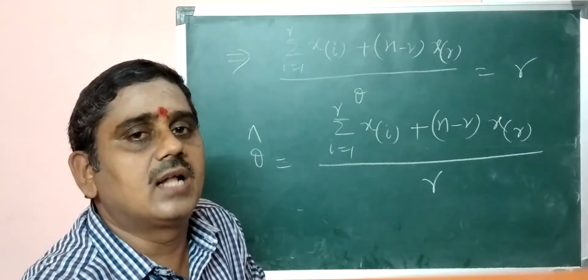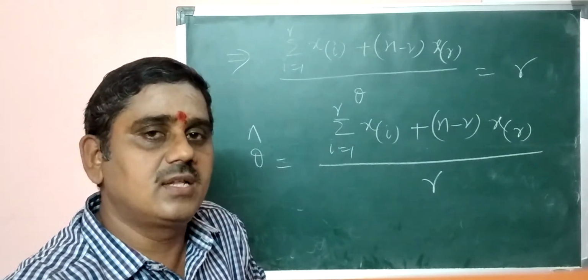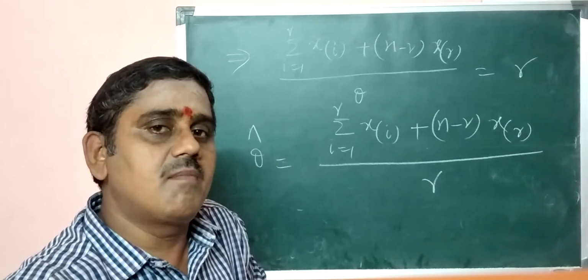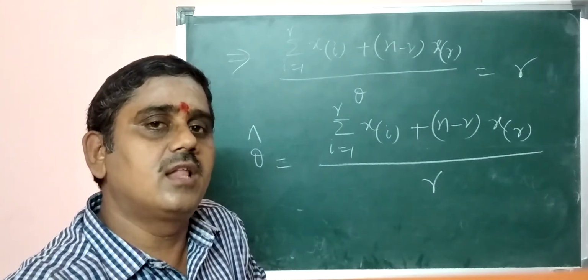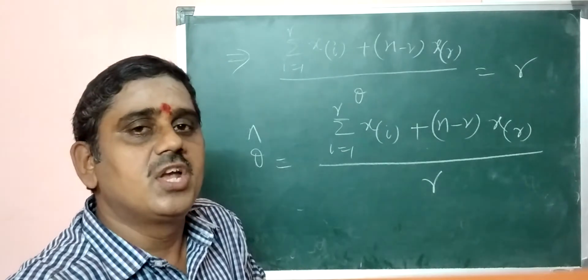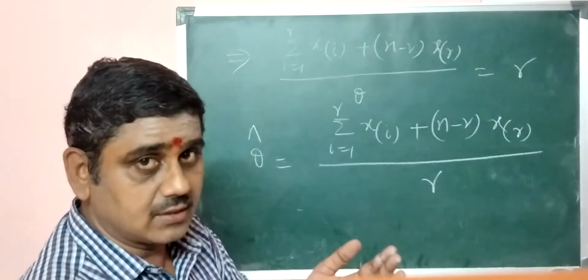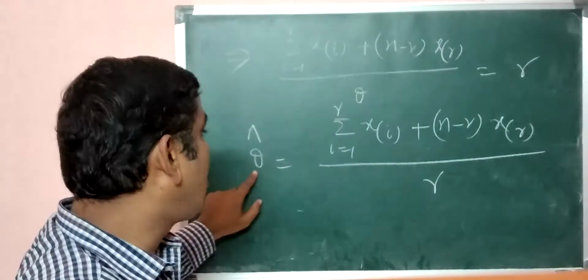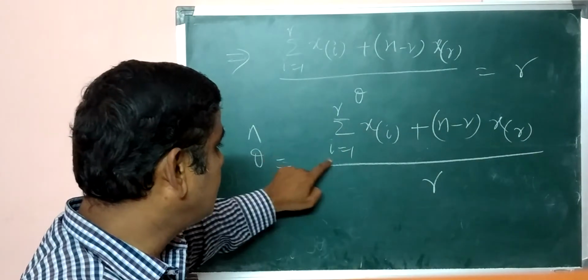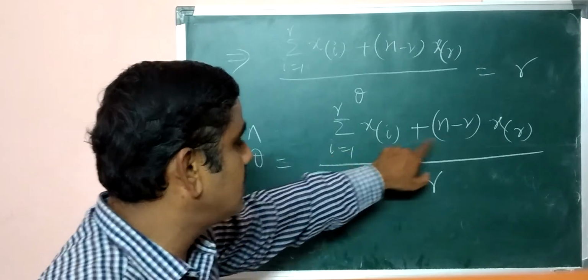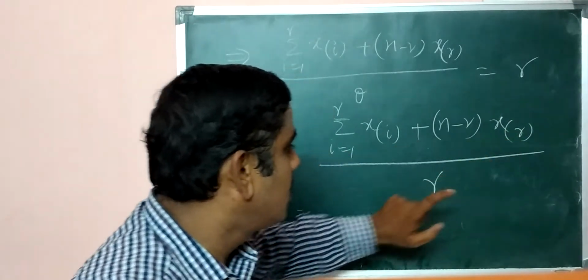The population parameter theta of the exponential distribution, in the reliability concept, is going to be estimated by using order statistics. You should remember, theta cap is equal to summation i equals 1 to r of xi plus (n minus r) into xr, divided by r.